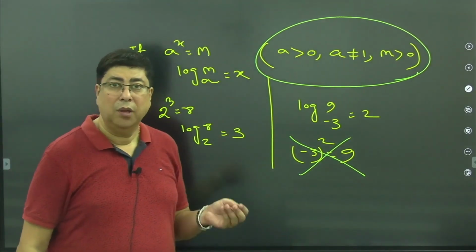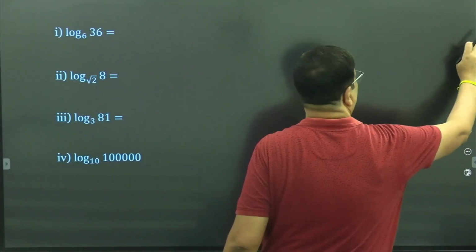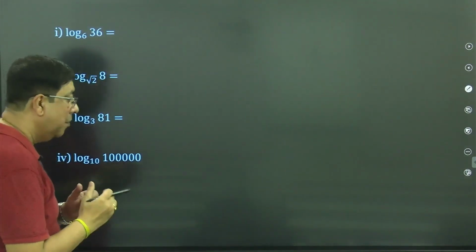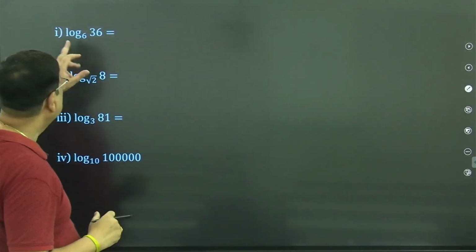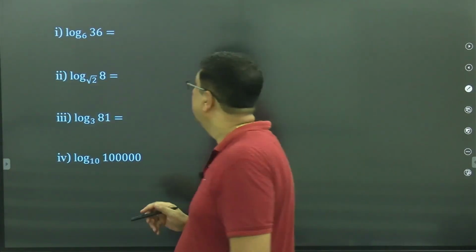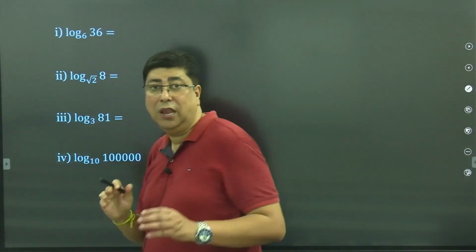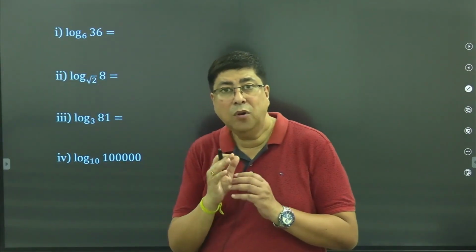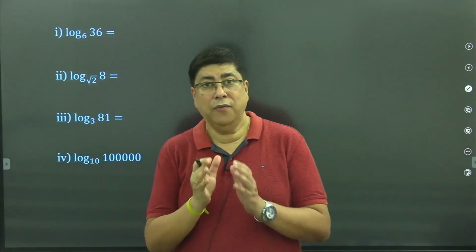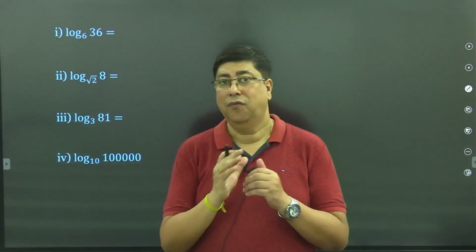So let's come to some properties of the logarithm so that it will be easier and more comfortable for us. Before writing the properties, let's come to some basic questions. What is the value of log 36 base 6? First of all, we can use properties, but you have to solve the sum manually. If you are dreaming for IIT JEE, you have to solve manually rather than using formulas.